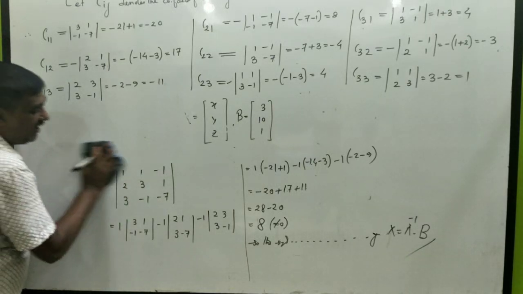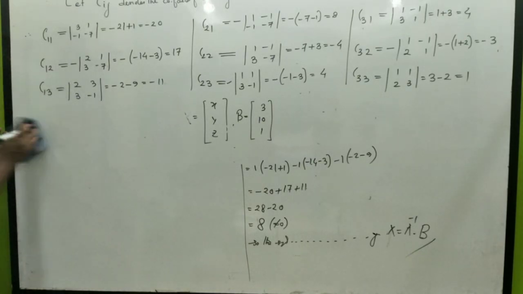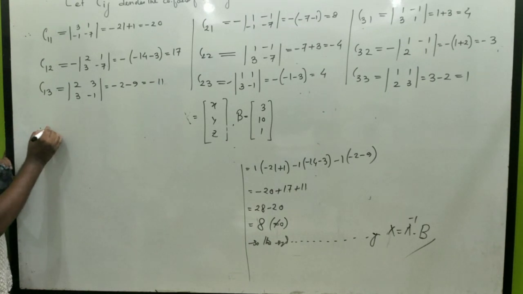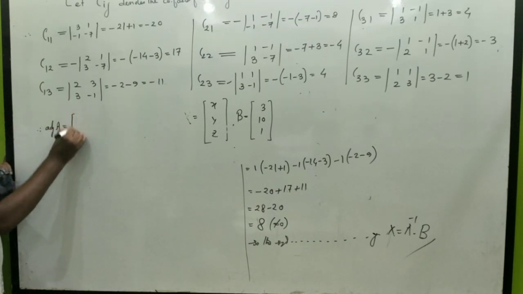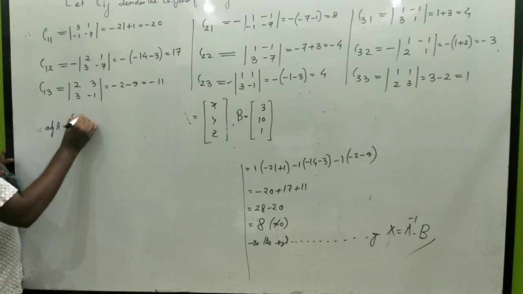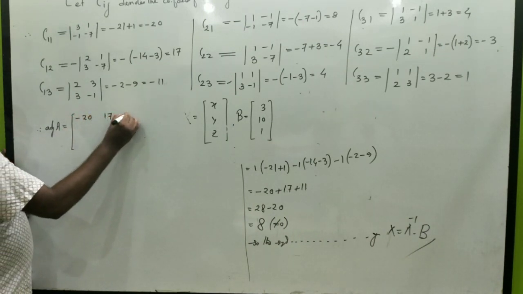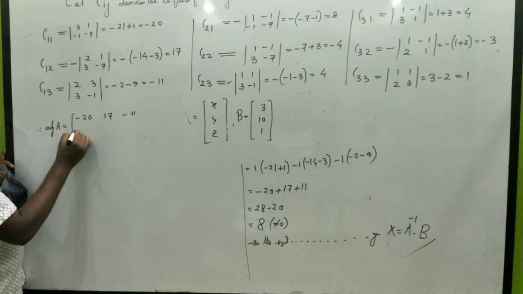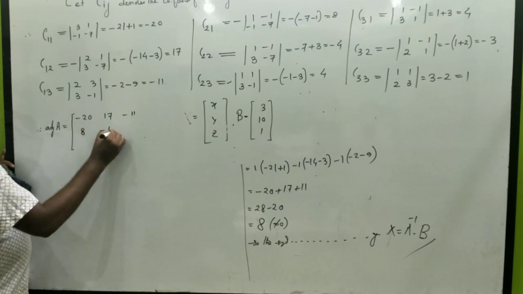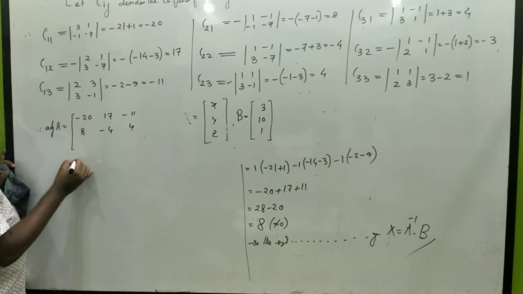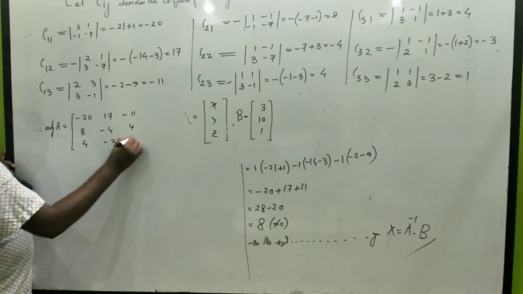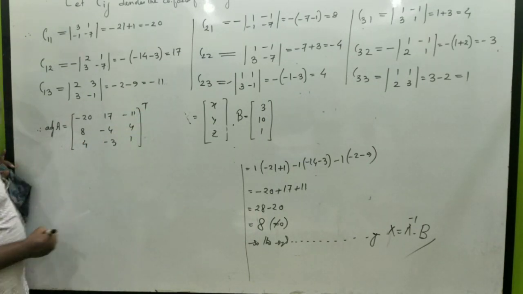So now look, therefore let's find adjoint A first. Adjoint A is the matrix with rows minus 20, 17, minus 11; 8, minus 4, 4; 4, minus 3, 1, whole transpose. Clear?